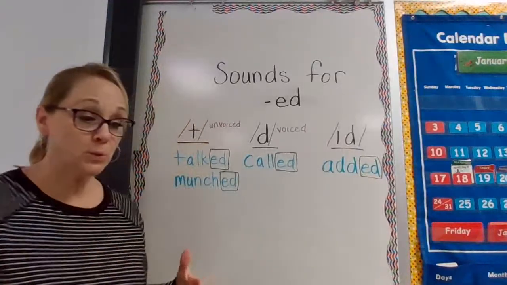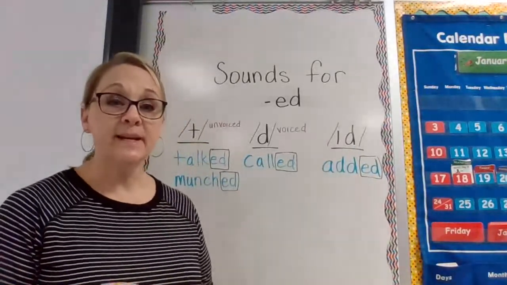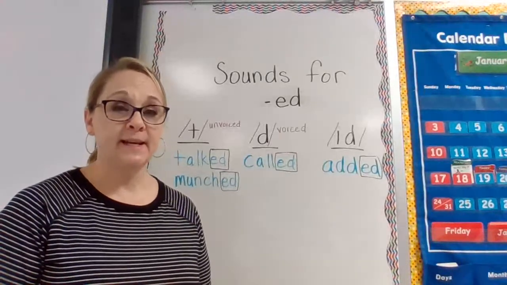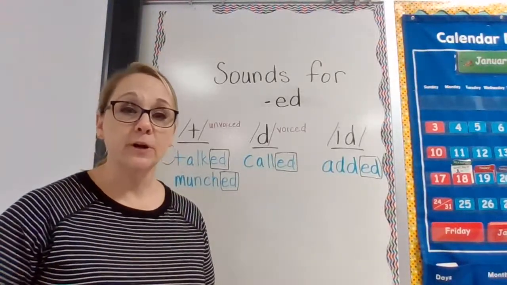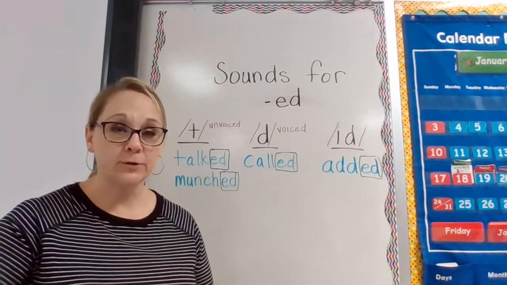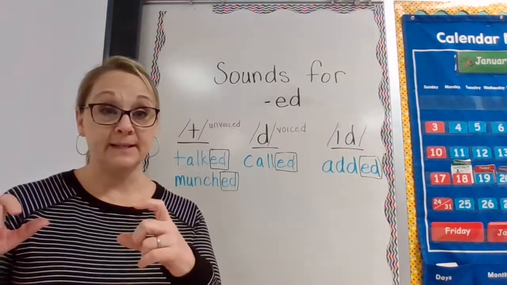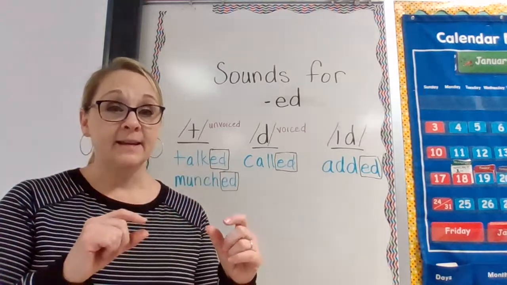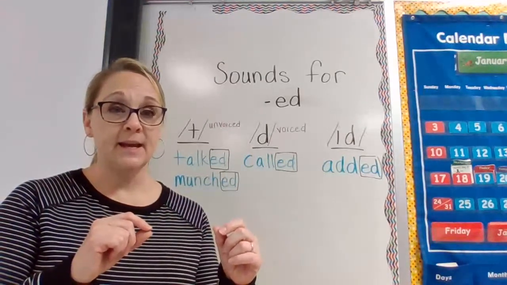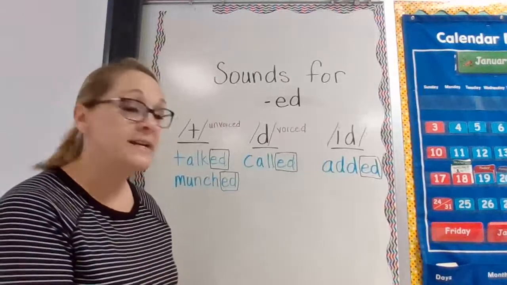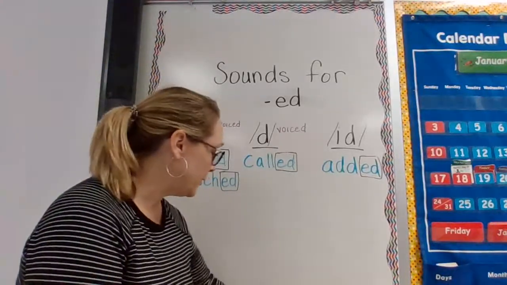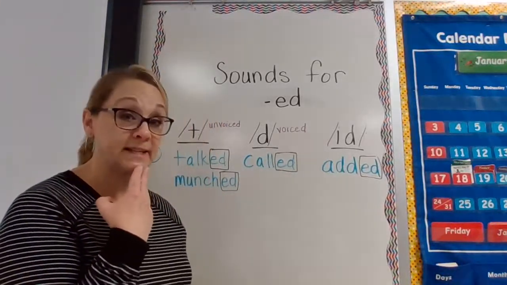The last word we're going to try is printed. I went to the computer and printed off my grocery list. Printed. My base word is print. When I add inflected ending ed to the end, it's printed. I hear t at the end of print.